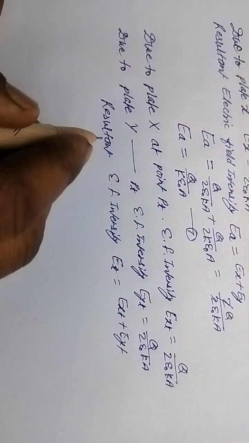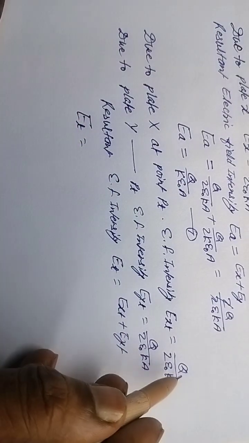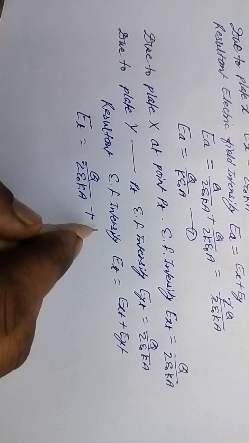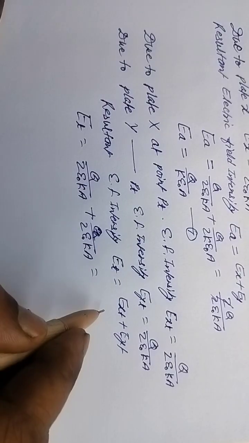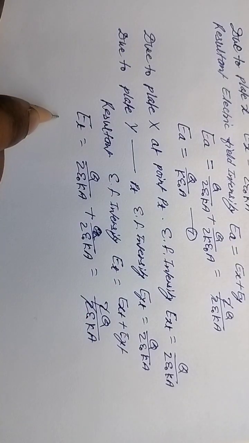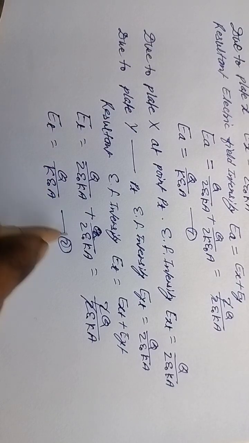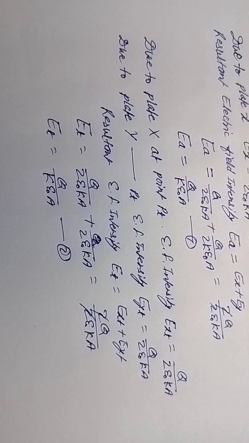Putting the values of Ext and Eyt, Q upon 2 epsilon 0 K A plus Q upon 2 epsilon 0 K A, both are the same, so 2Q upon 2 epsilon 0 K A. We get Et equal to Q upon K epsilon 0 A. Now look, both equation 1 and 2 look the same, because now we put the proper values of the dielectric constants of the medium and of air.